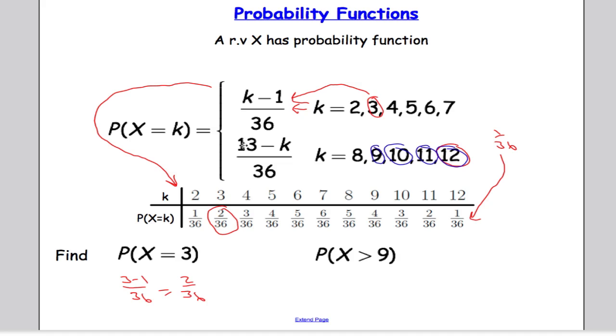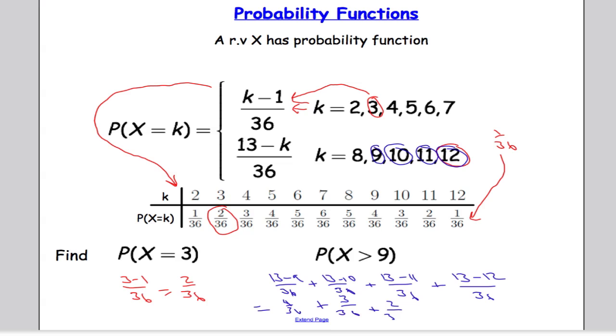We're going to do 13 take away 9 over 36 plus 13 take away 10 over 36 plus 13 take away 11 over 36 plus 13 take away 12 over 36. 13 take away 9 is 4 over 36 plus 3 over 36 plus 2 over 36 plus 1 over 36.